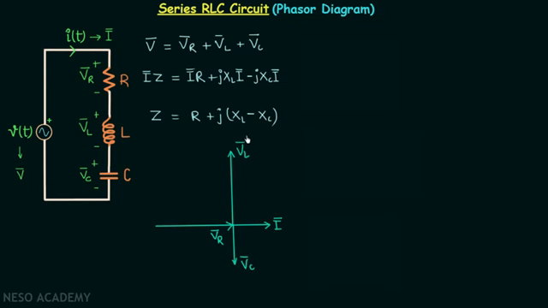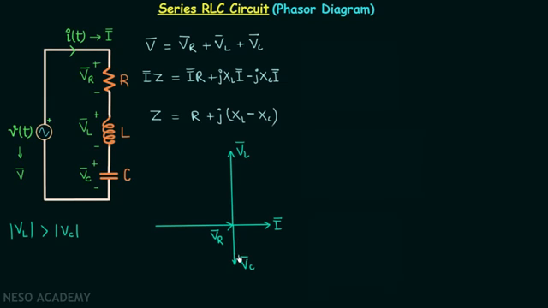While plotting VL phasor and VC phasor, I have assumed that the magnitude of VL, the voltage across the inductor, is greater than the magnitude of VC, the voltage across the capacitor. Therefore you can see that I have drawn this line larger as compared to this line.